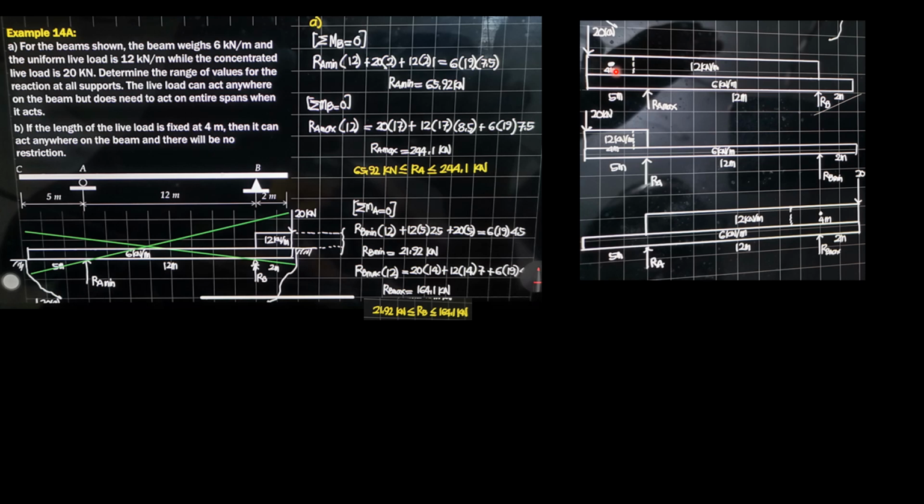So we have 12 kilonewton per meter from B to this left point, then the 20 kilonewton load.